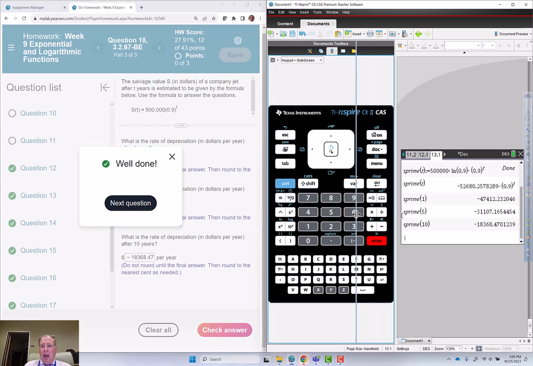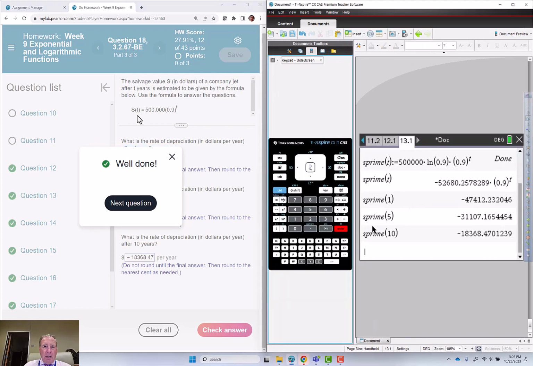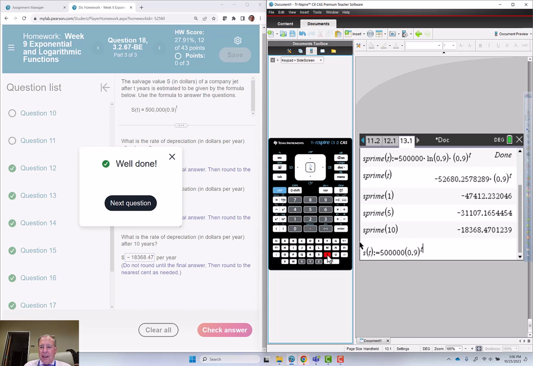I could put in this salvage value function. So we'll go S at T, and then we want to go control palette of math, so that's is defined as, and we'll put in the function 500, 1, 2, 3, then we can put in parentheses 0.9 to the power of t.